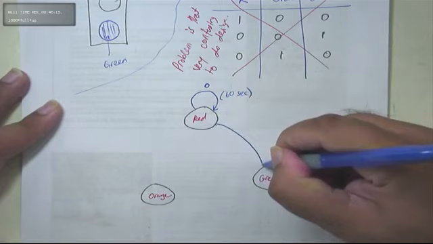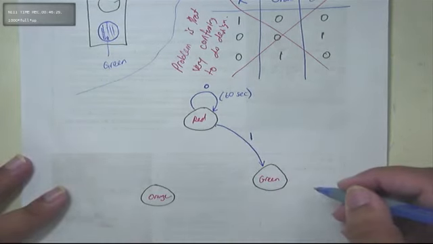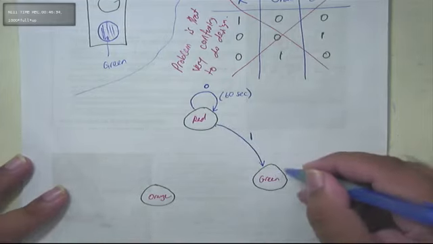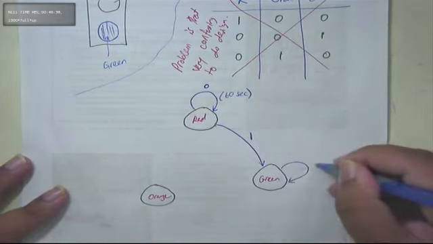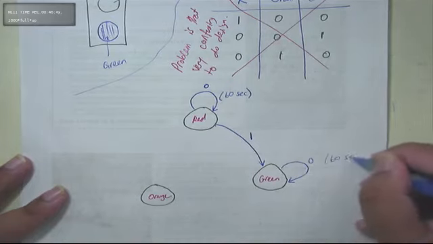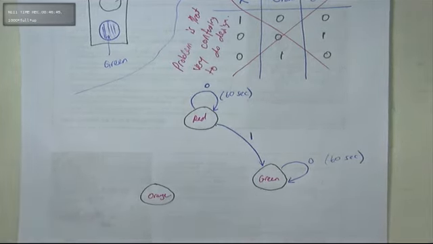Now from red, it will move to green after 60 is up. For 60 seconds, the trigger remains at 0. Once the trigger becomes 1, it moves to green. And then it stays green for how many seconds? Let's keep it at another 60 seconds, 0 for 60 seconds. So in your table it is the same thing, 60 loops.